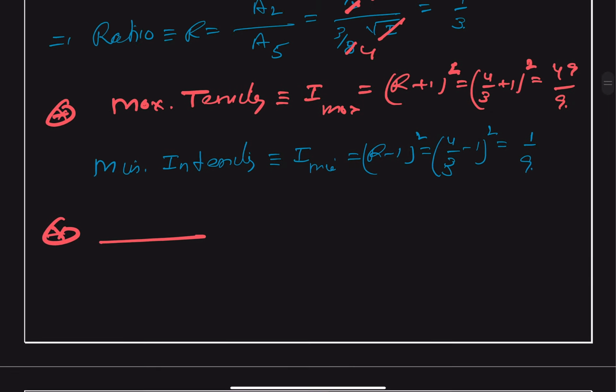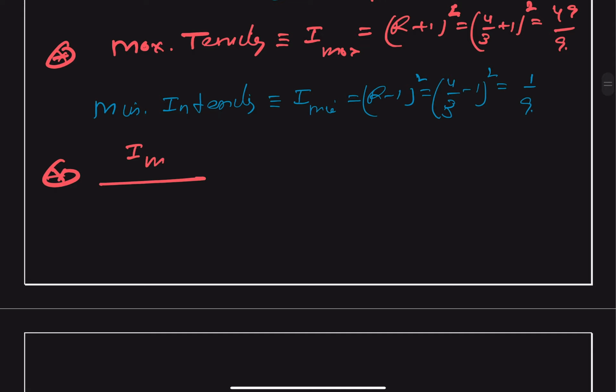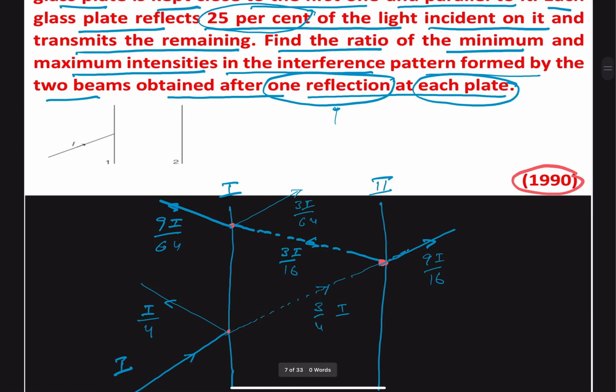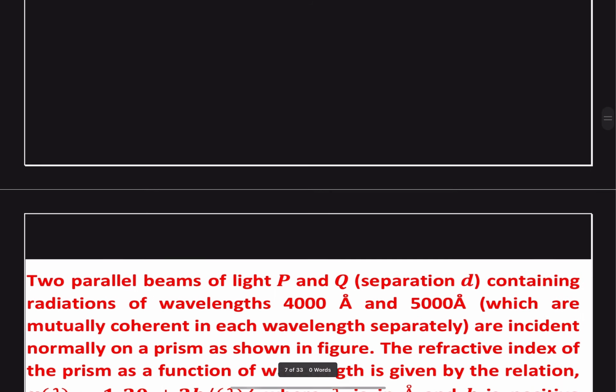So we can say this as I min to I max is equal to minimum is our 1 by 9, maximum is 49 upon 9, this 9 goes with 9, and this gives us 1 upon 49. Okay, so the ratio is 1:49. Yeah. This completes this part of the question, and we come to the next question.